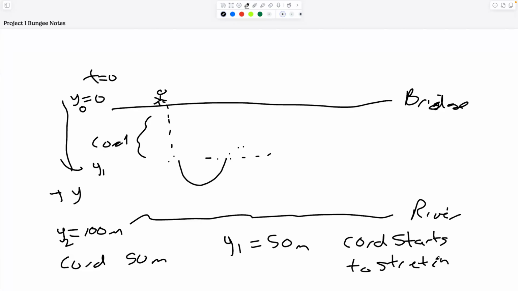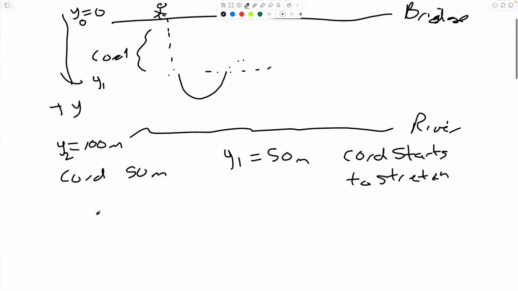So at first, for the time period from t0 to t1, you're in free fall.